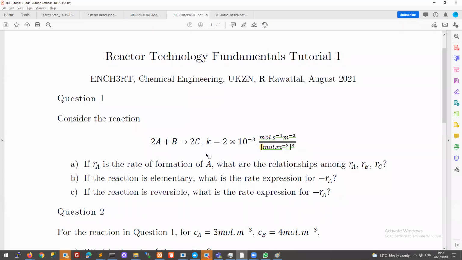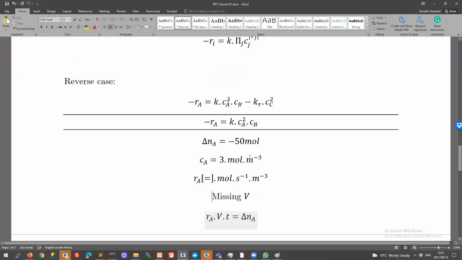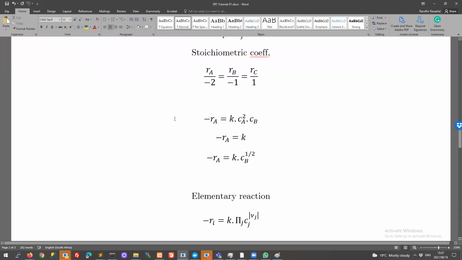And that's because our rate expressions, we said, can change depending on the nature of the reaction. Here you've got concentration cubed, 2 from A and 1 from B. Here it's constant, so no concentrations here. And then here it's concentration raised to the power a half.